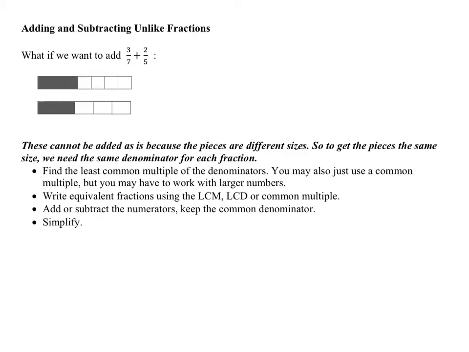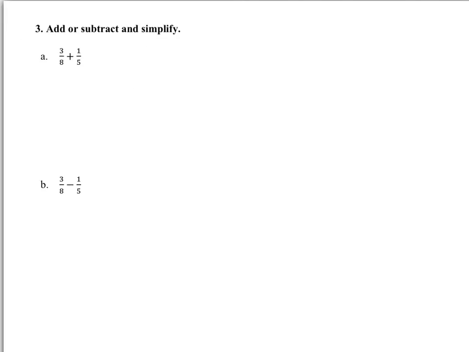Okay, so we're going to use our information that we already know about getting equivalent fractions, and then we'll be able to be golden, man. So here we go. So when I'm adding or subtracting, I need to get a common denominator.